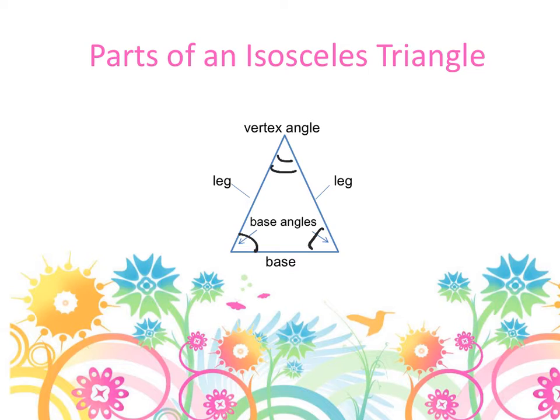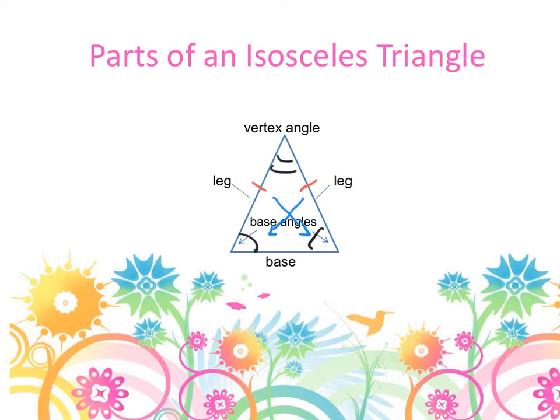Those base angles are going to be opposite of the legs. The legs in an isosceles triangle are going to be the congruent sides. So the angles that are congruent are going to be across from the congruent sides, which are called the legs.